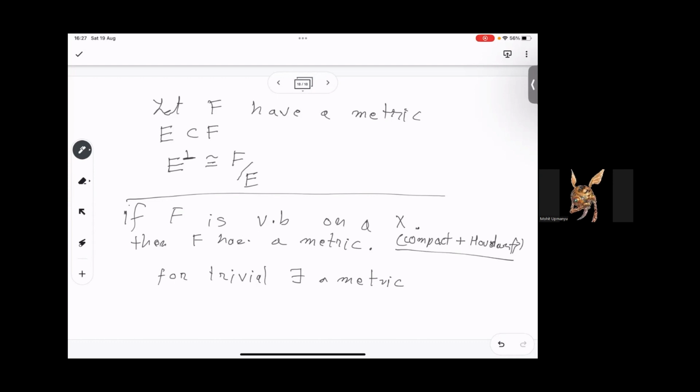Now, because the space we have is compact Hausdorff, this implies partitions of unity exist.